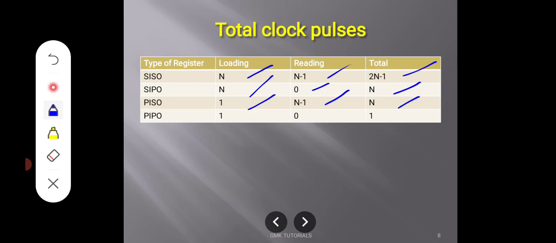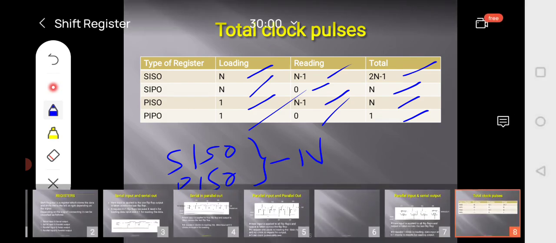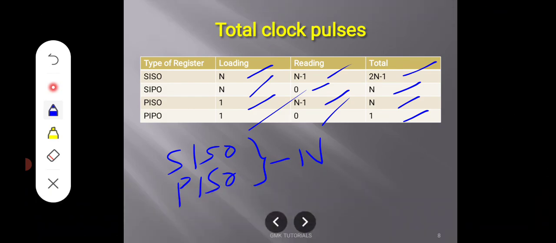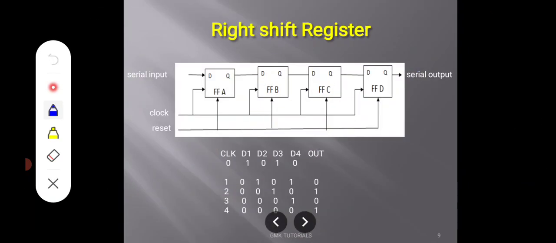In the PIPO case, only 1 clock for loading the data, 0 clocks for reading. So SISO and PISO cases require n clock pulses, right? So that is nothing but shift registers. Okay. So coming to the right shift register.